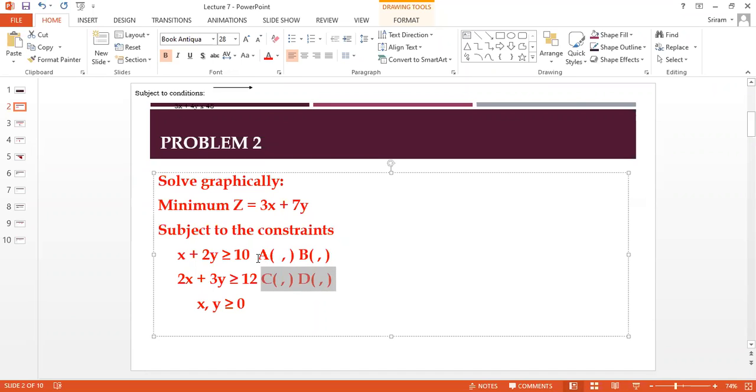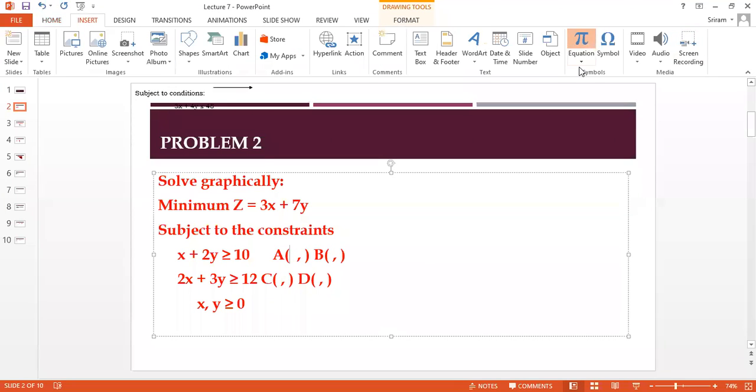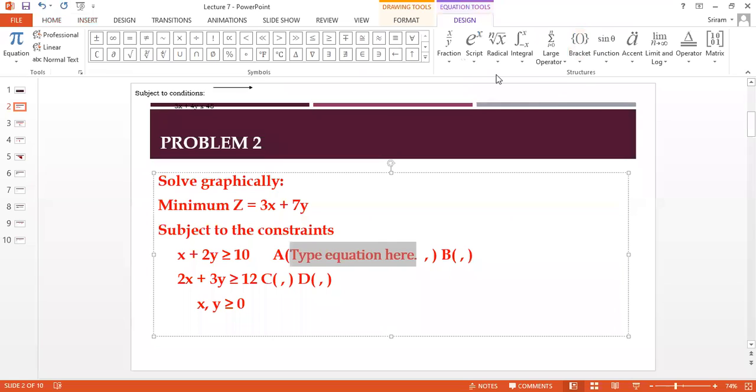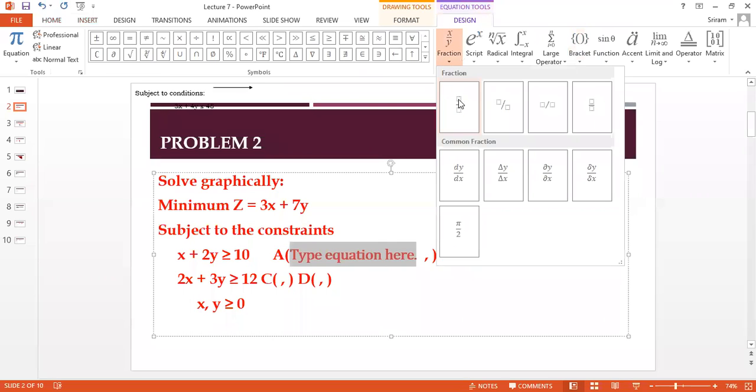How to find point A? You remember what we said? We take the right hand side and divide by the x coefficient. The right hand side here is 10.